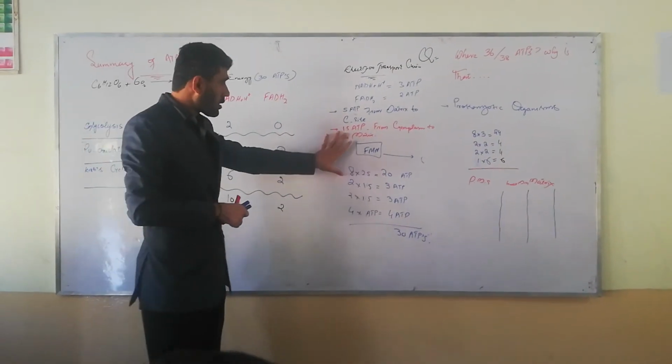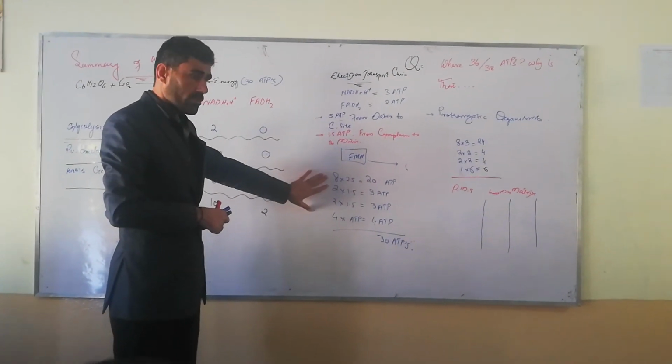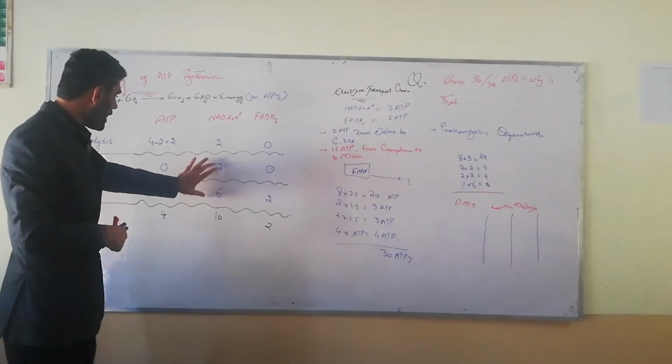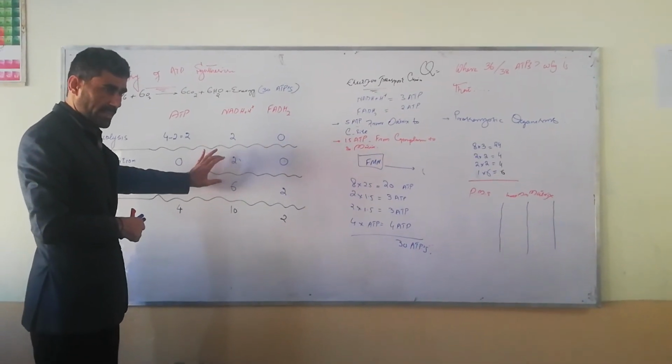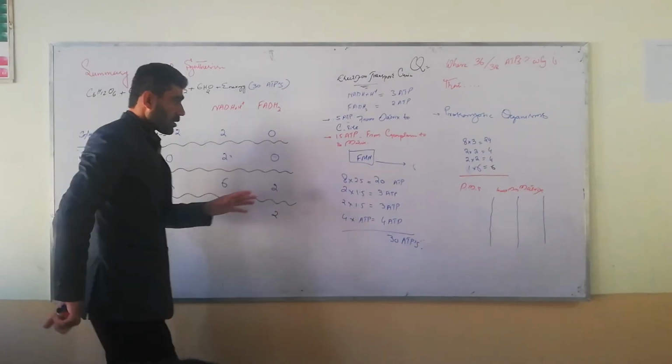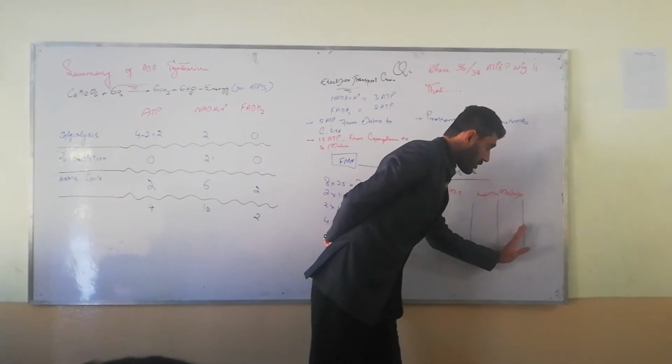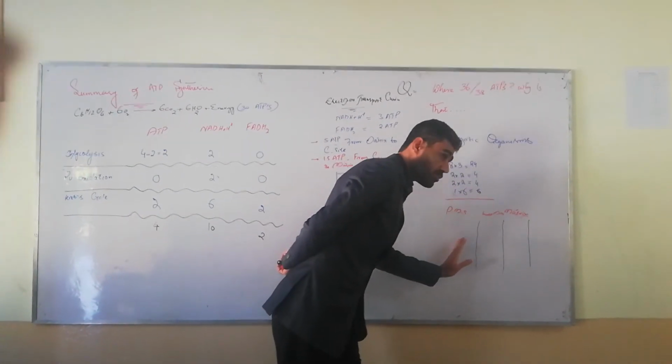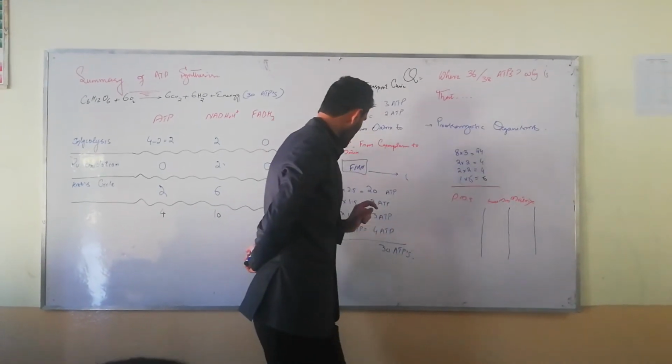So now you have 8 NADH plus H plus traveling from here to your perimitochondrial site.